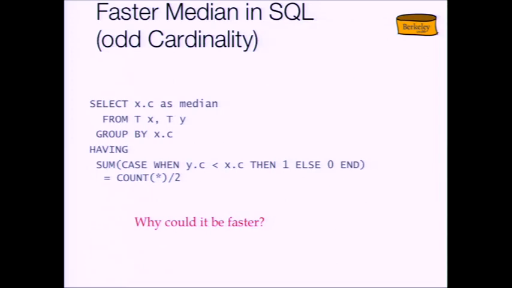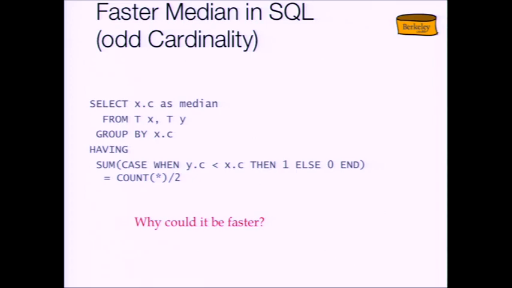Okay, so great. So what could I do? Well, you could do something like this, and I think I got this one right. I might have done that less than or equal thing wrong again. But you could basically do a self-join. So join T with itself, right? Pair up every record in T with every other record in T, okay? And then you could group by this C value.